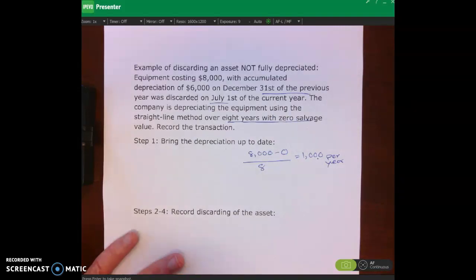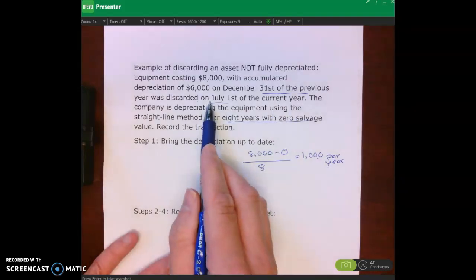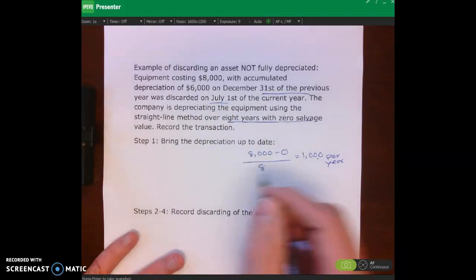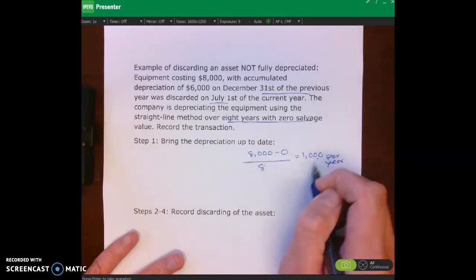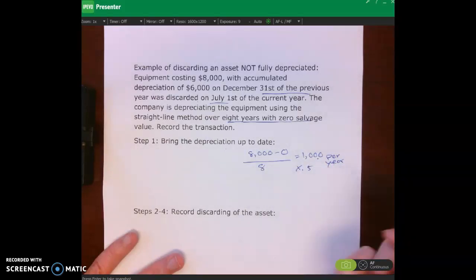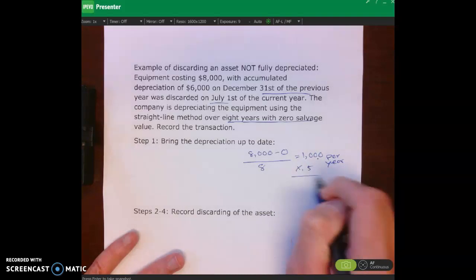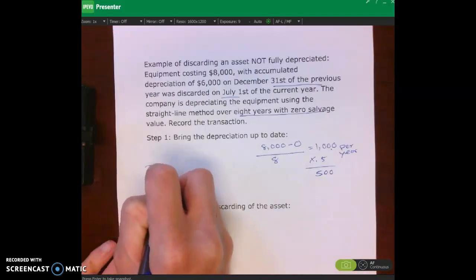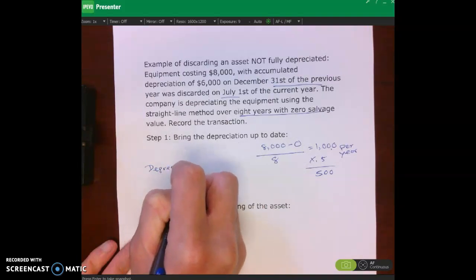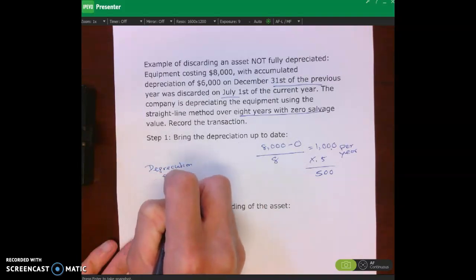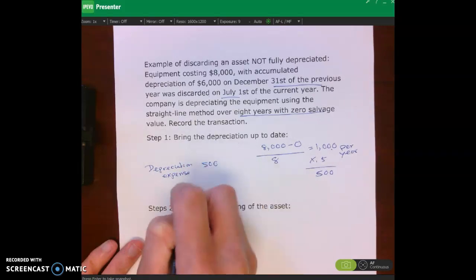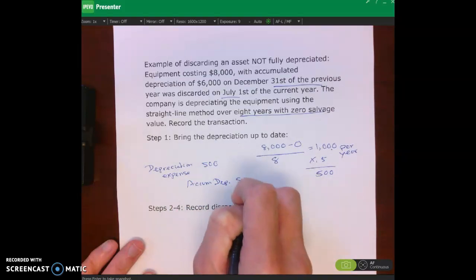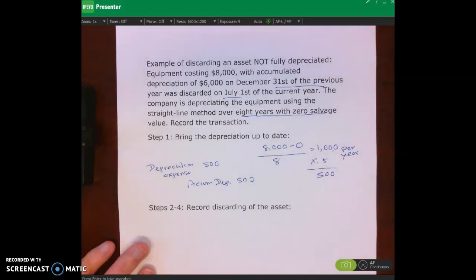So I have to now record depreciation from January through July 1st of the current year. That's 6 months. So basically I can take my yearly basis, multiply it times 0.5 because it's 6 months, half of the year, $500. So I will come over here and debit depreciation expense $500, and then I will credit accumulated depreciation for $500. Okay, that's my journal entry.